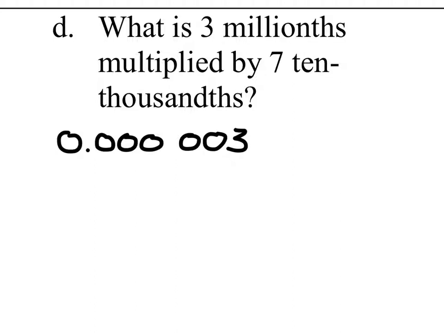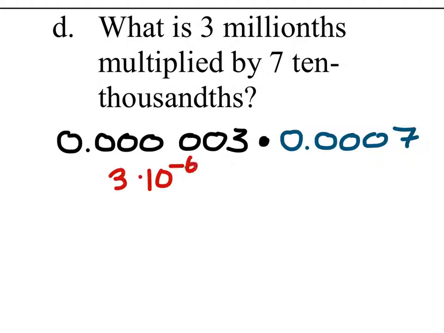And this is going to be multiplied by 7 ten-thousandths, 0.0007. Let's go ahead and change these into scientific notation. This one would be 3 times 10 to the power of negative 6. And we're going to be multiplying this one by 7 times 10 to the power of negative 4.